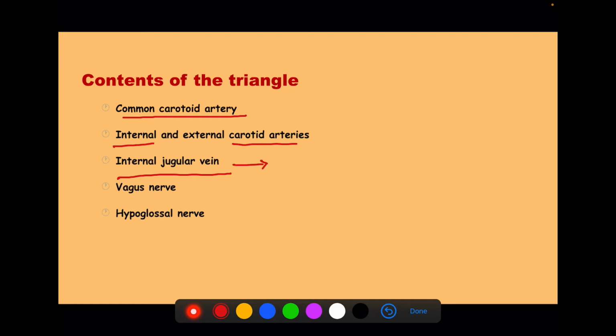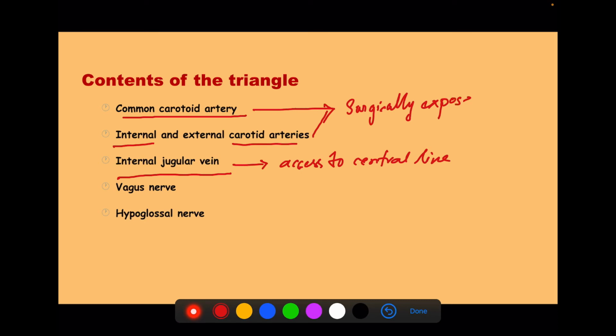The internal jugular vein gives access to a central line, and the common and internal carotid arteries can be surgically exposed to remove atherosclerotic lesions.